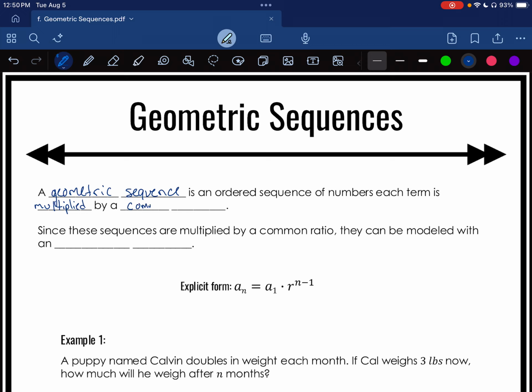We talked about arithmetic sequences before, where we are adding or subtracting the same number every time, and that could be modeled by a linear function. But now we're going to talk about a type of sequence where each term is multiplied or divided by the same number. Since these sequences are multiplied by a common ratio, we can model them with an exponential function.